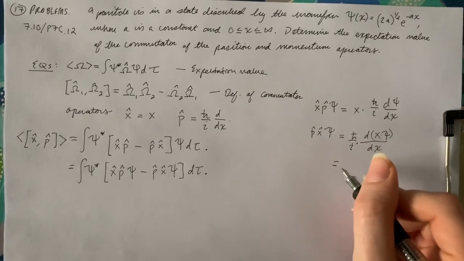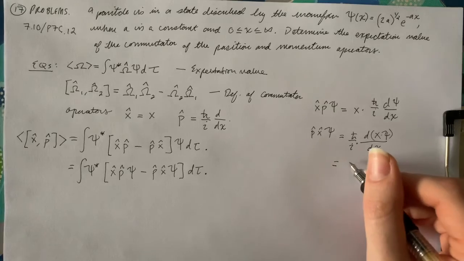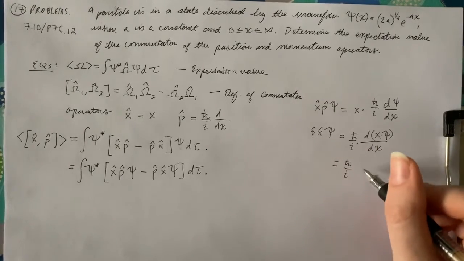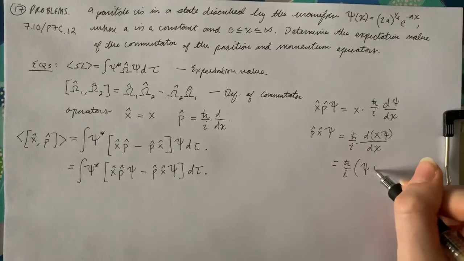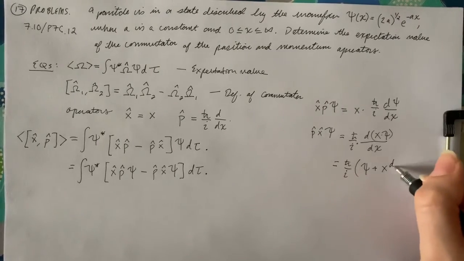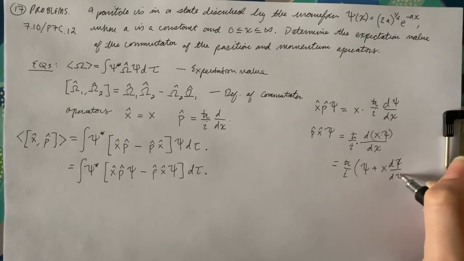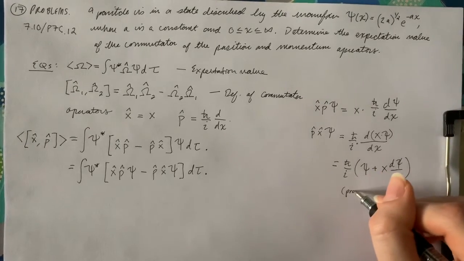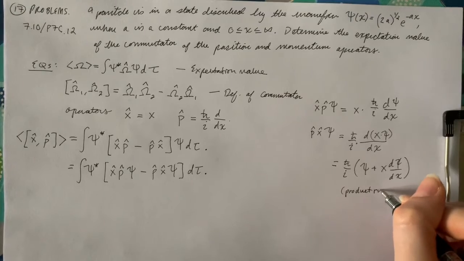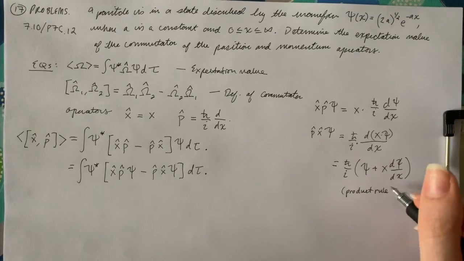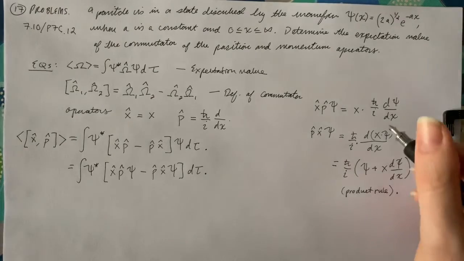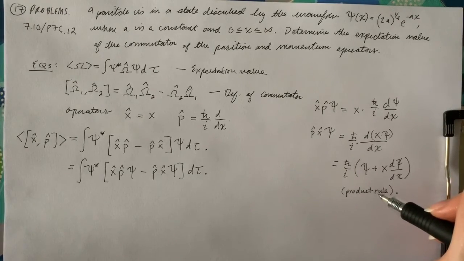And this simplifies to h bar over i times psi plus x d psi over dx. And this is achieved through the product rule. So you can go through, see how that works, and make sure.